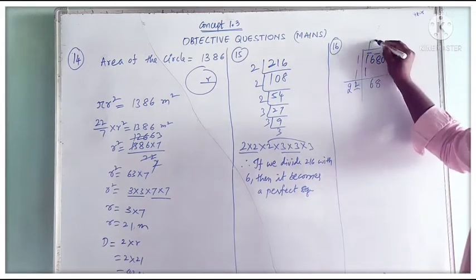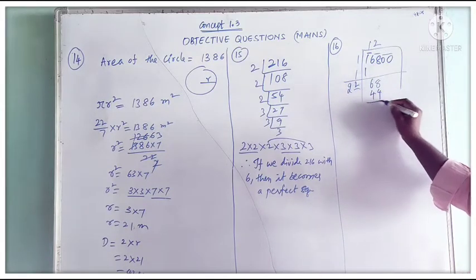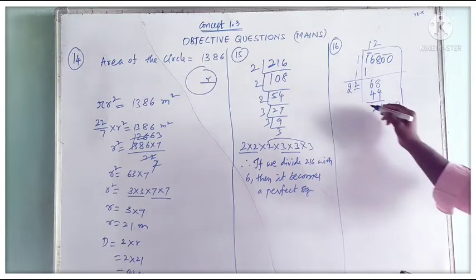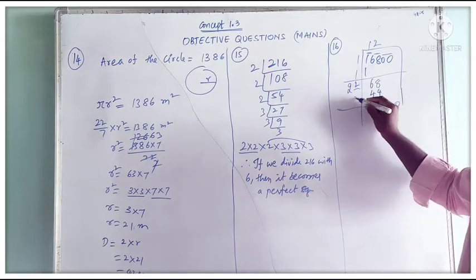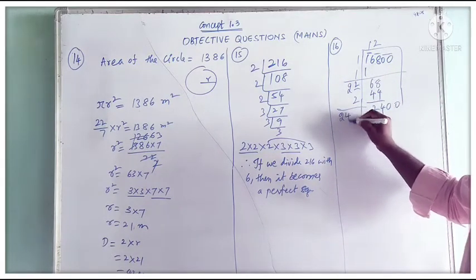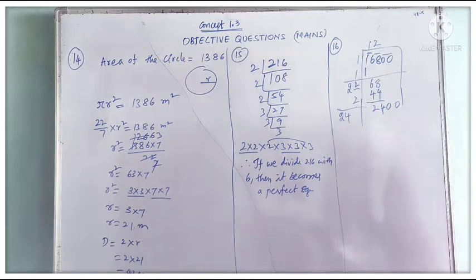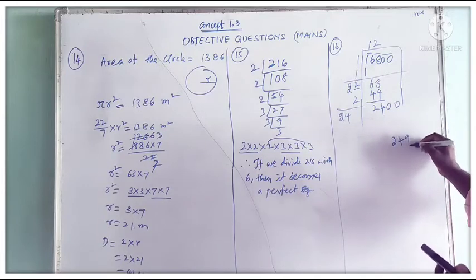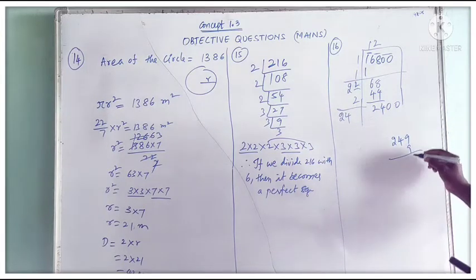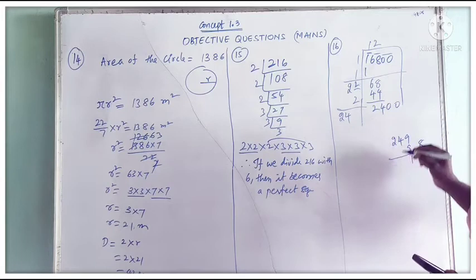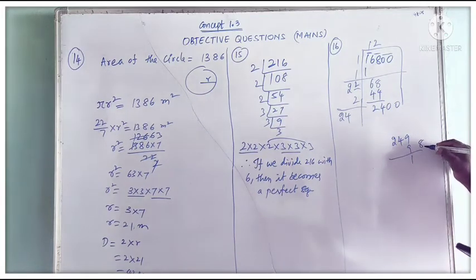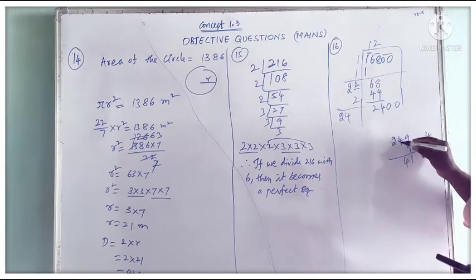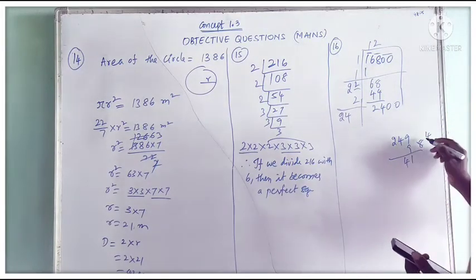Into 2 you can take 44, and draw down 2 zeros. In the subtracted case we can add 2 here, so 24, then 2400 into 9 into 9. 9 9s are 81, 9 4s are 36, 36 plus 4 is 44, 9 2s are 18, 18 plus 4.